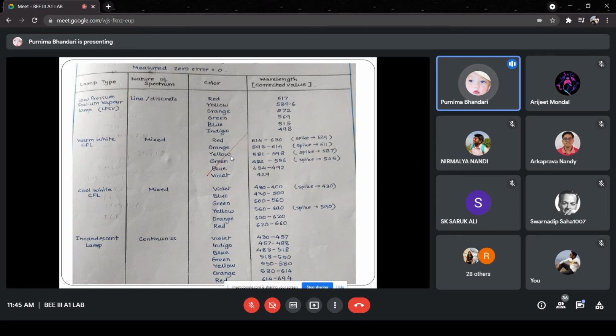For warm white, you can see this is a mixed spectrum. It is not the line spectrum and not the continuous, it is a mixed. Somewhere there will be no power radiation, so it will be black, then it will be continuous for some color band, and then again there will be black. That's why for different colors they have written the wavelength range.